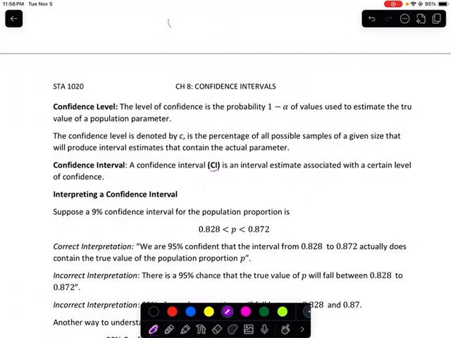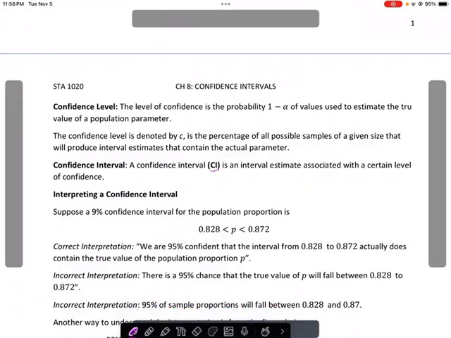Once we have the interval, it's very important to understand how to interpret it also. So what does it mean for a 95% confidence interval, or 80%, or 85%, or 90%? These are some common levels of confidence that I mentioned here.